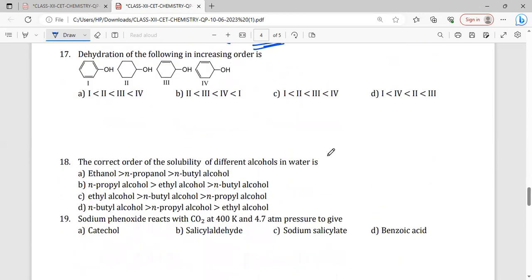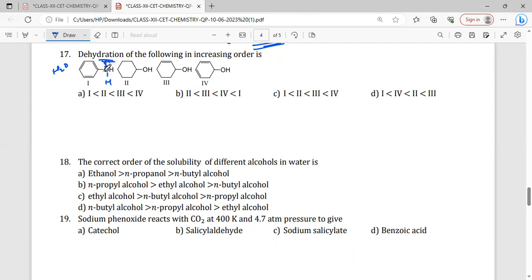Coming to question number 70. Dehydration of the following, in increasing order, is. Okay. They have asked you dehydration. That means it will be removing OH in the form of water. So obviously, we can add H plus to this, and then this will move out as water.